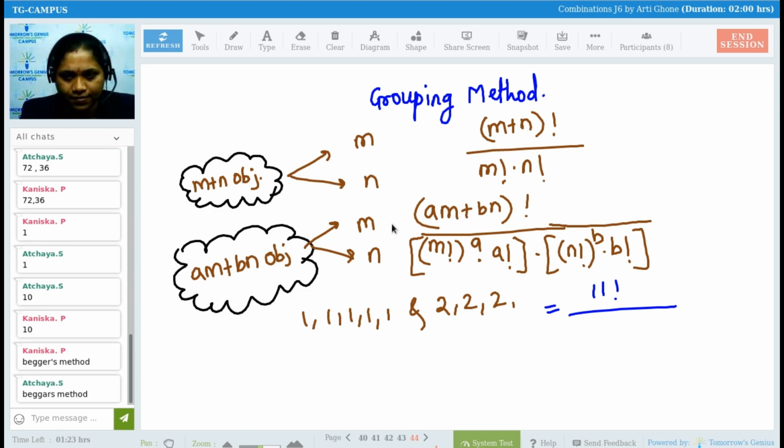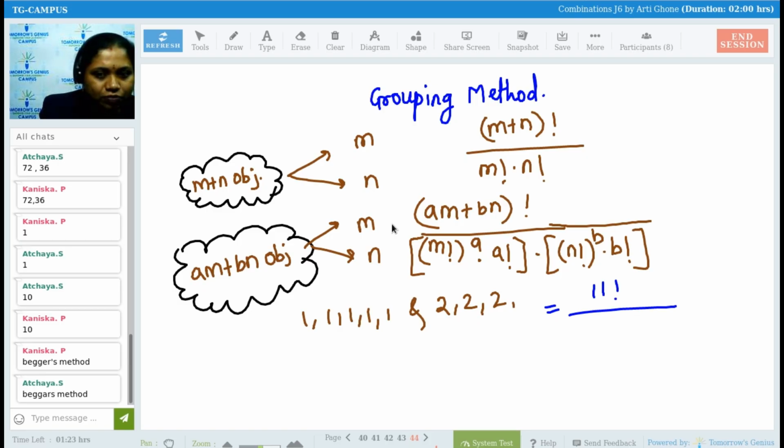Explain the last one, M plus A. No, no, it's A times M. The question is already given based on this formula only. I have A times M value, that is 1, 2, 3, 4, 5: 5 times 1 digit and 3 times 2 digit.